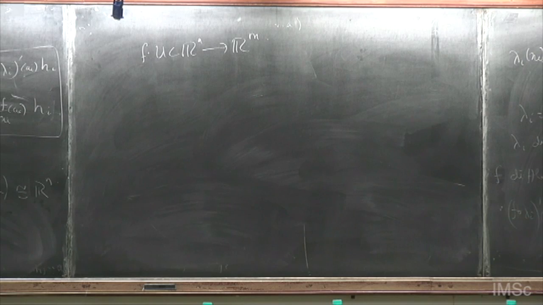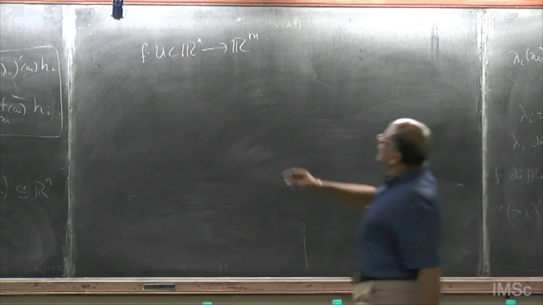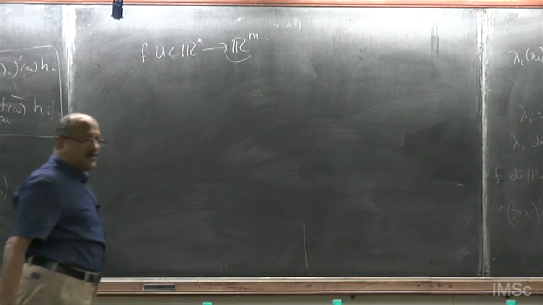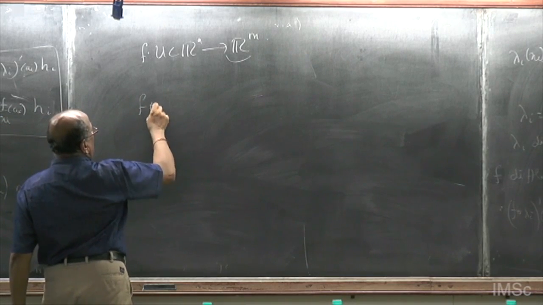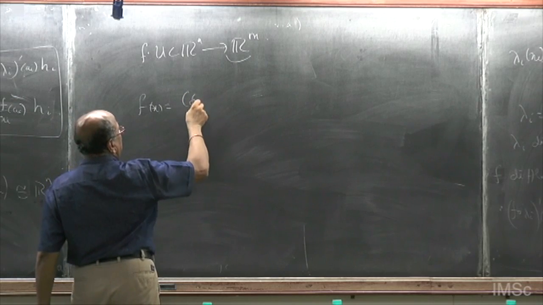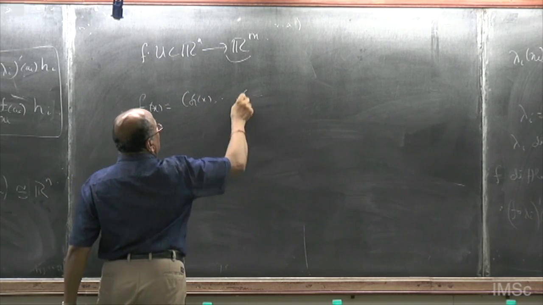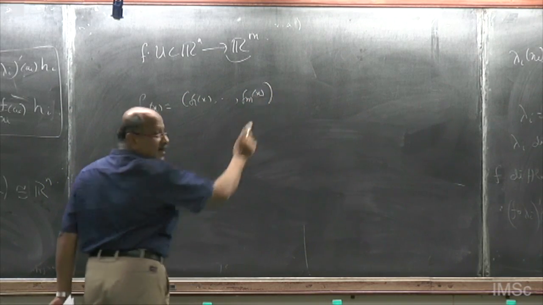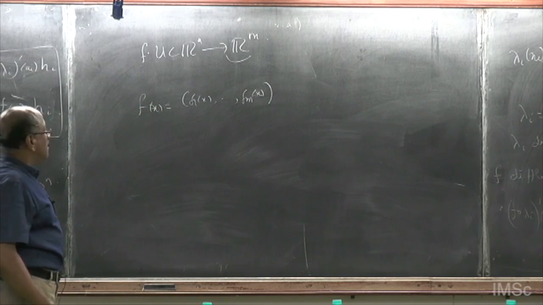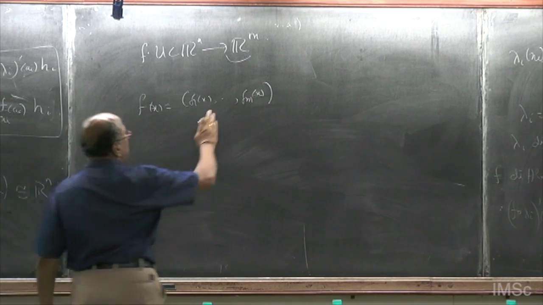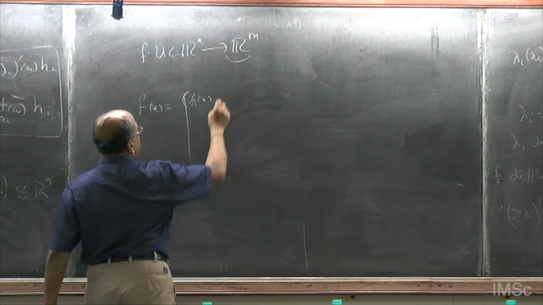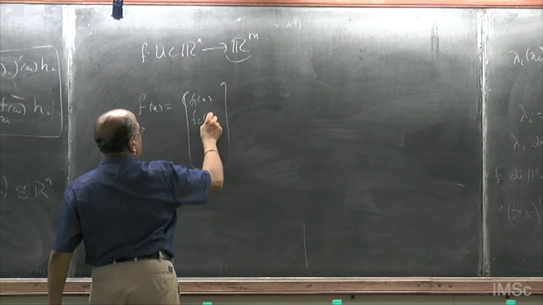I have rubbed it off here. So, by the first theorem, because this is a product space, we can write f of x equals f1 of x, ..., fm of x. But because I want to use matrix notation, I am going to write this as a column vector.